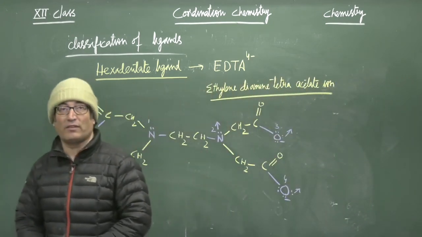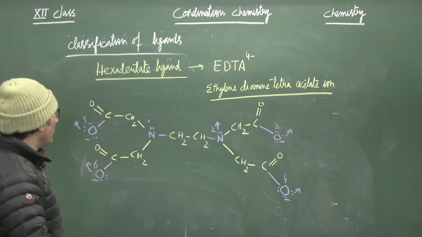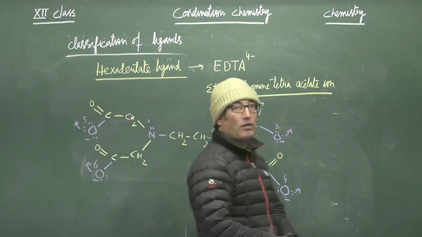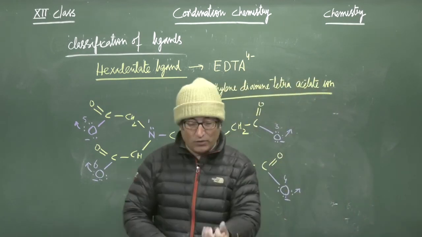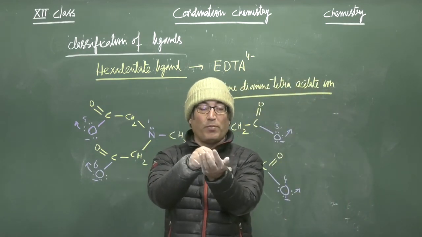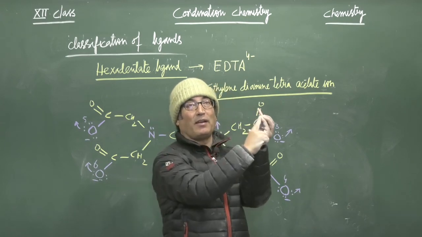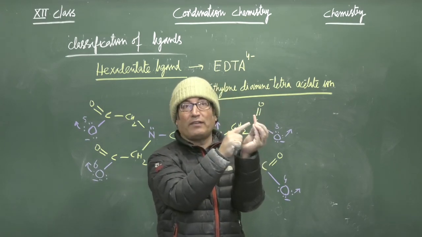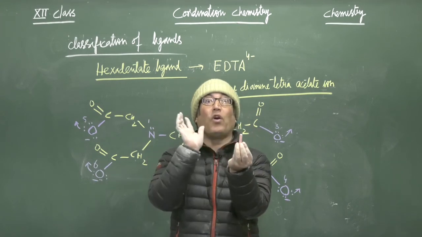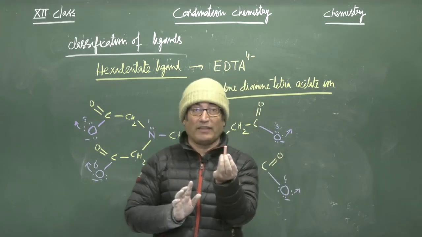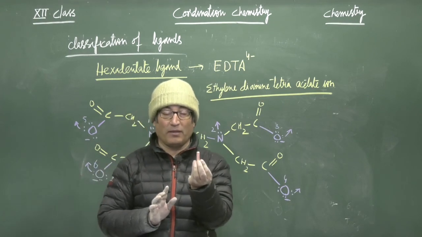Out of the six donor sites, two are nitrogen atoms and four are oxygen atoms. When it uses its six donor sites, it uses all of them to bind with a single central metal ion. So the central metal ion will be effectively caught by these six donor sites, two nitrogen atoms and four oxygen atoms.